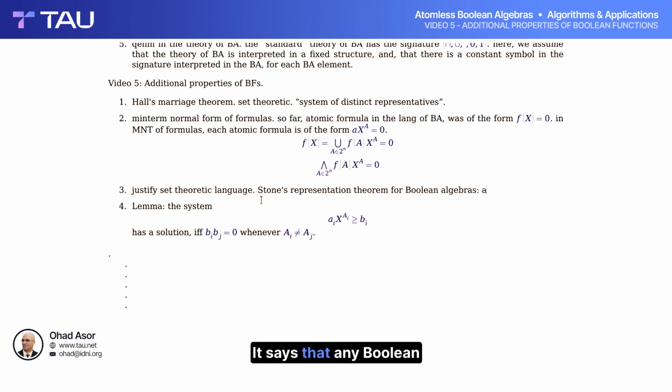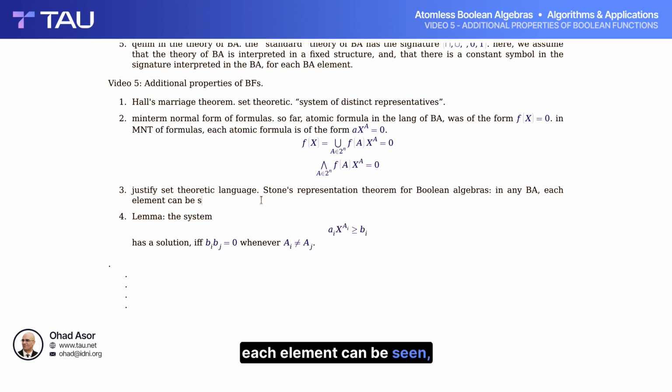It says that any Boolean algebra, each element can be seen, can be not only seen, but can be identified with a set quite constructively, while the Boolean operations are the standard set operations. So this gives us full justification to always look at Boolean algebra elements as sets, as indeed they are sets.